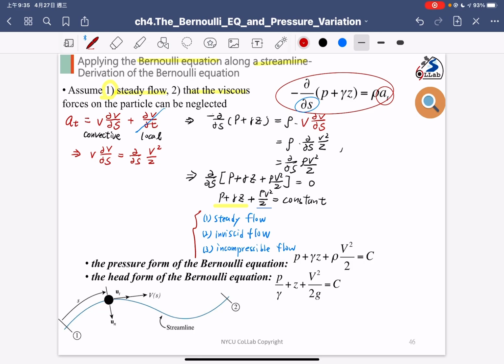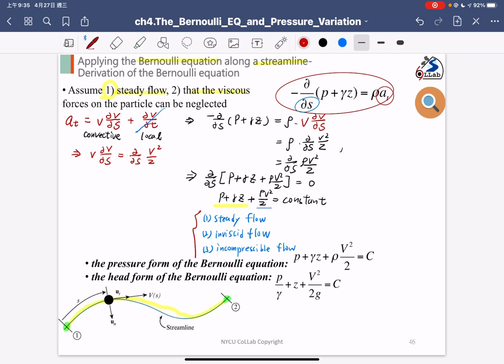If the assumptions are satisfied, then we can say that along the streamline, you just pick any two points, and they always satisfy the Bernoulli equation.